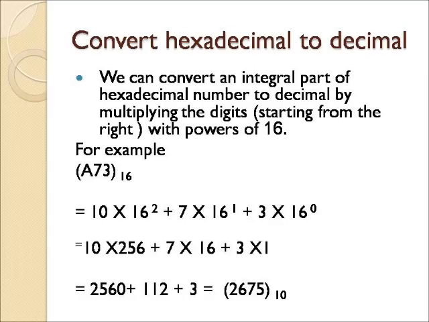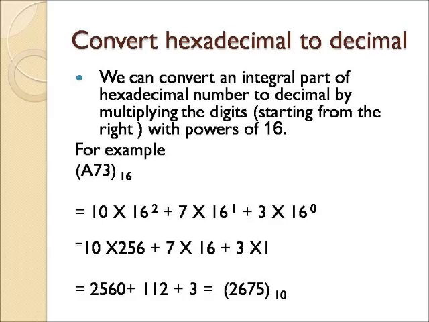So 10 into 16 raised to 2 plus 7 into 16 raised to 1 plus 3 into 16 raised to 0. We know that 16 raised to 2 is 256.